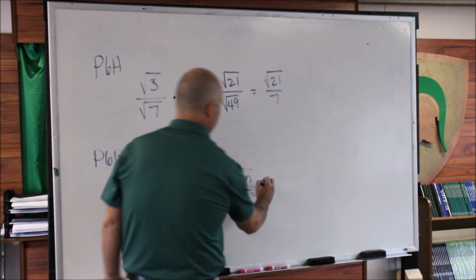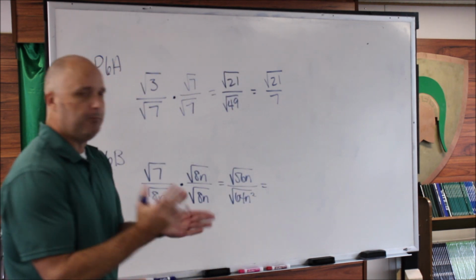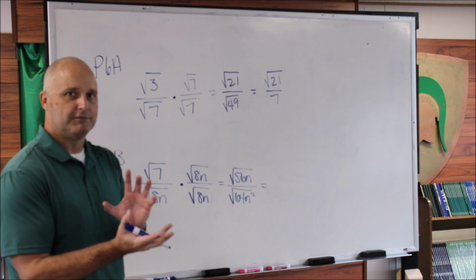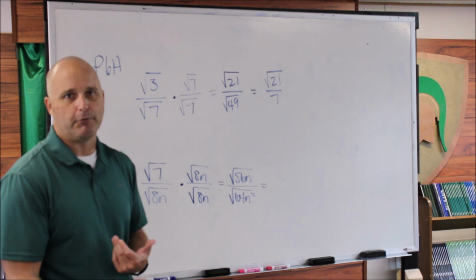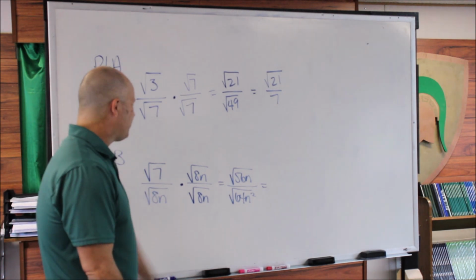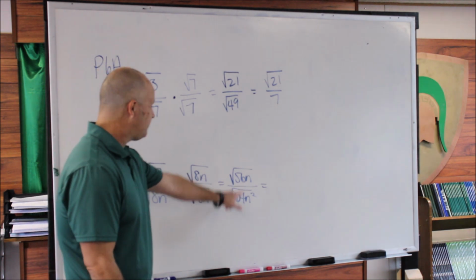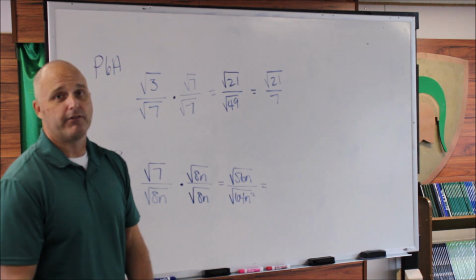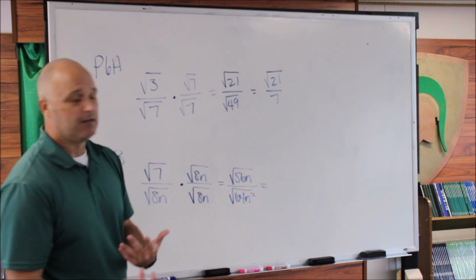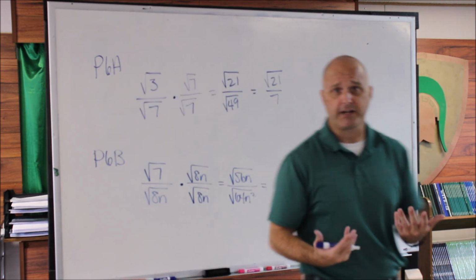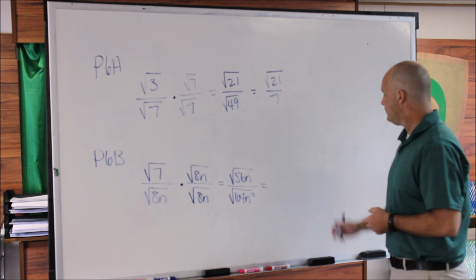Now, this is where the big numbers tend to hurt you a little bit, because now you've got to do a lot of reducing. So basically what I've got to do is take this 56 and this 7, and find the largest perfect square factor that I've got for 56.